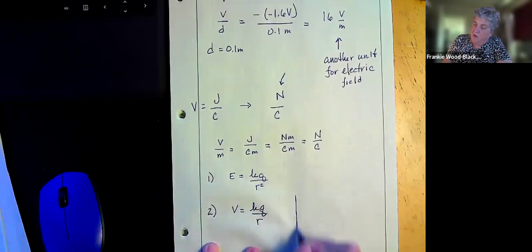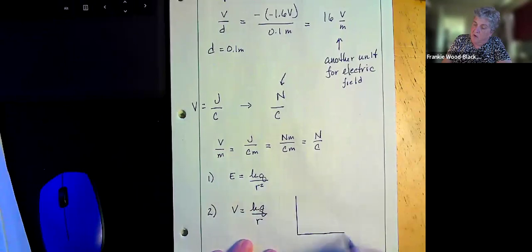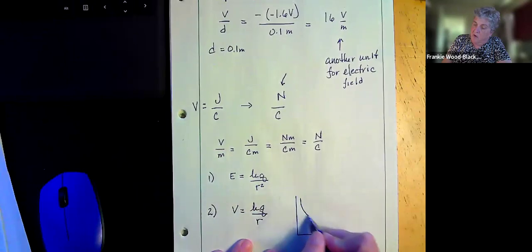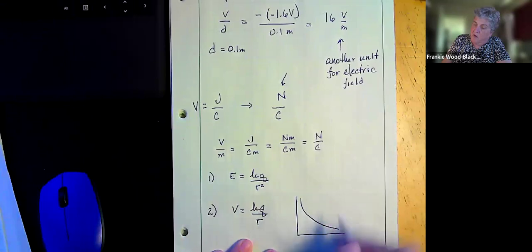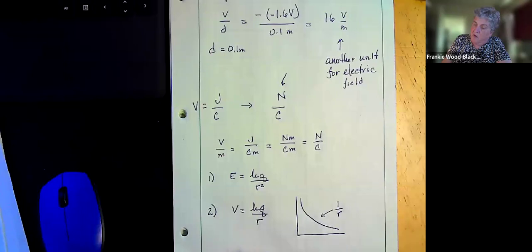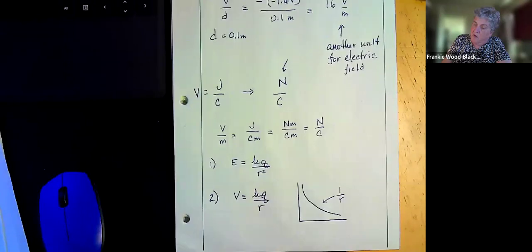So my voltage as I move away from a charged surface is going to go away as 1 over r. For those of you dealing with the MCAT or something like that, this idea of dealing with r and r squared is a good thing to remember when you're going in for your MCAT or doing something along those lines.